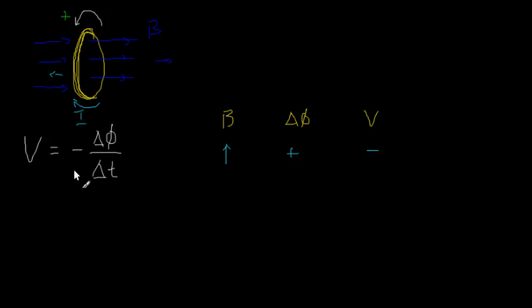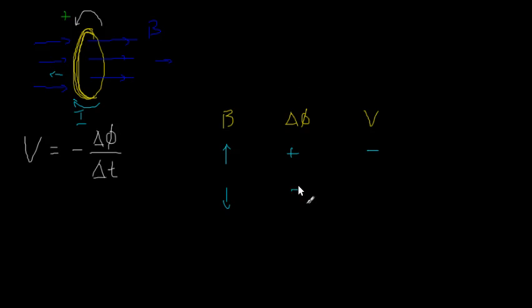Okay. So now let's see if this minus sign also works if I have a decreasing field and flux instead. So if the magnetic field decreases, then the flux linking the coil would decrease, so the change is negative.